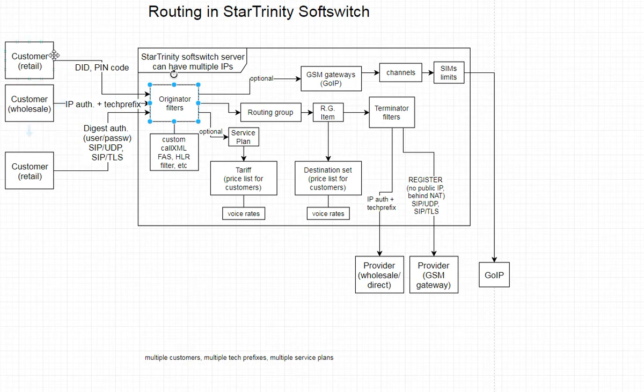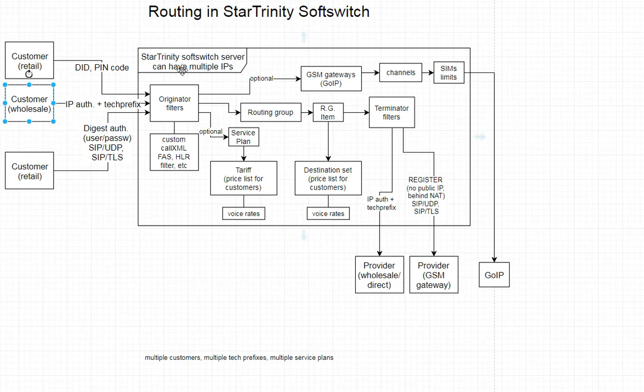Another case is when the customer is terminator and originator at one time. The most common use case is wholesale customer, not retail. In this case, the customer sends the call from IP to IP.